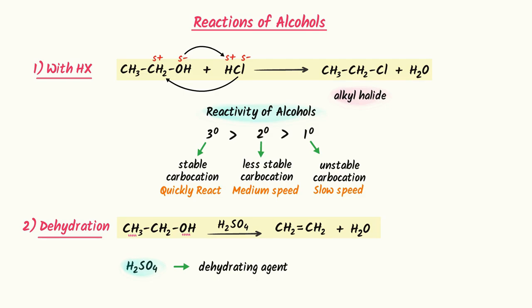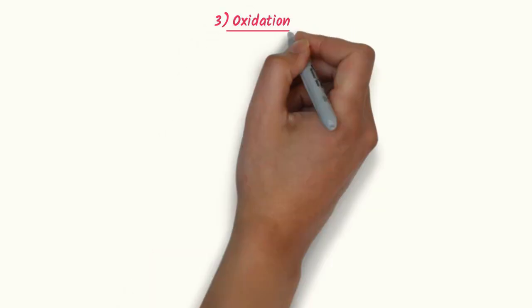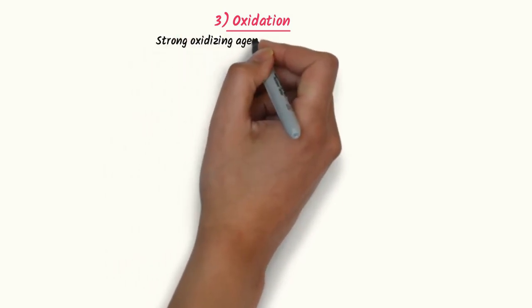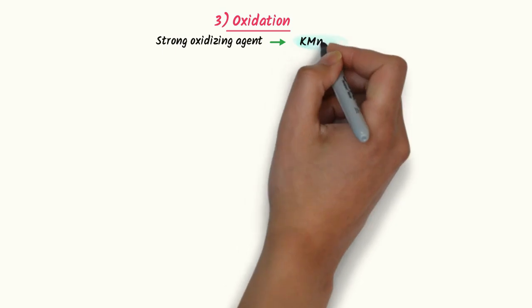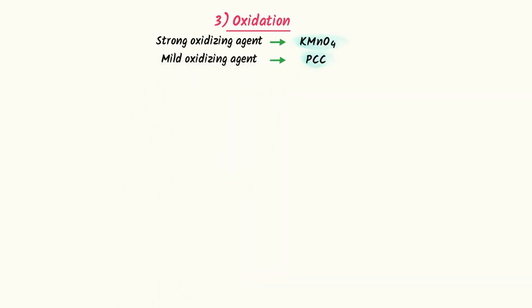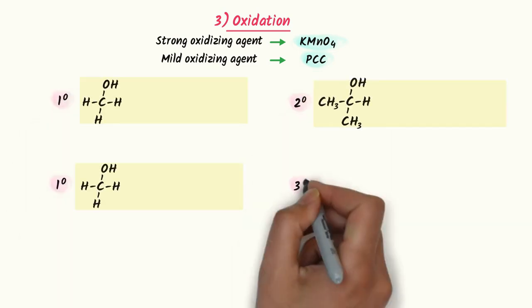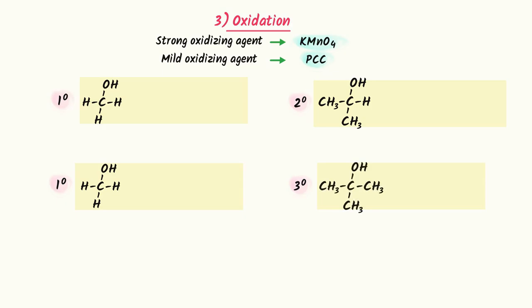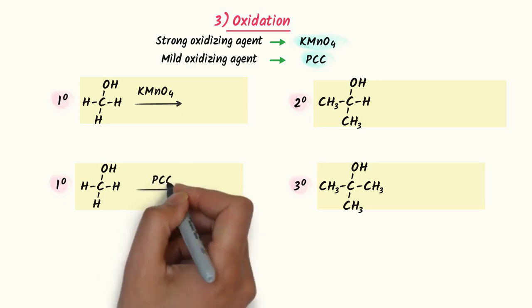Now we will learn three most important reactions of oxidation. In oxidation of alcohols, we use two types of oxidizing agents. Strong oxidizing agent like KMnO4 and mild oxidizing agent like PCC. Now I take 1-degree alcohol, 2-degree alcohol and 3-degree alcohol. In case of 1-degree alcohol, I add strong oxidizing agent KMnO4 and mild oxidizing agent PCC.